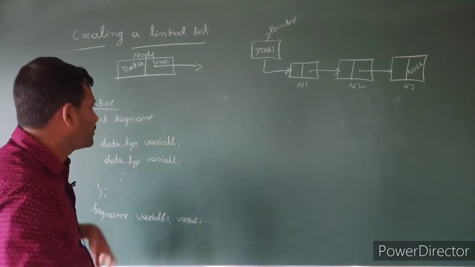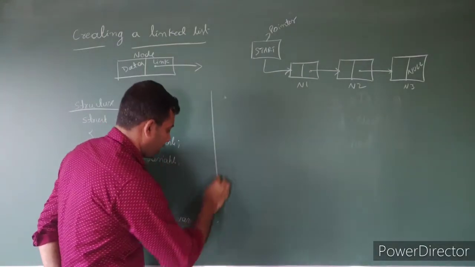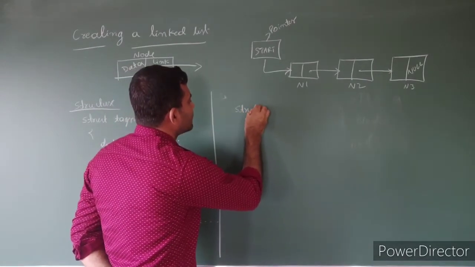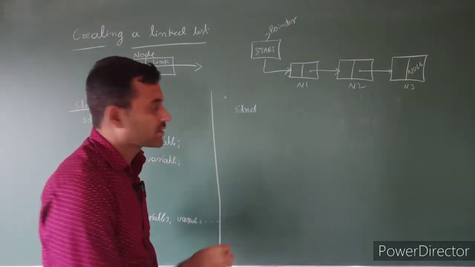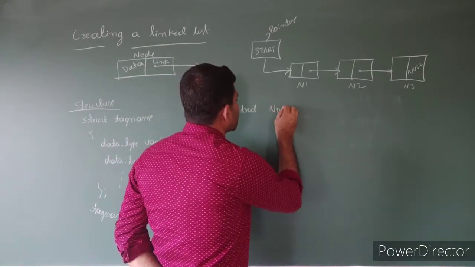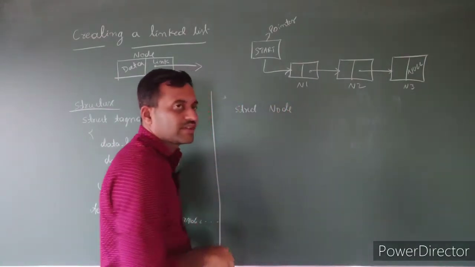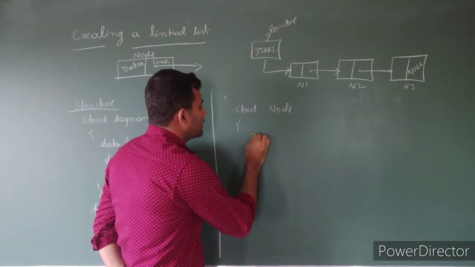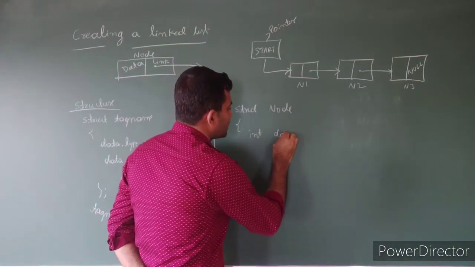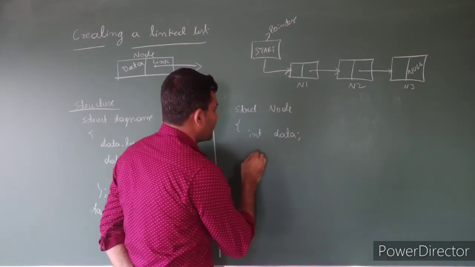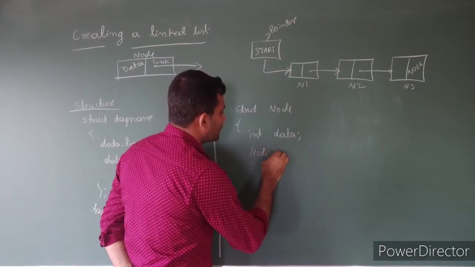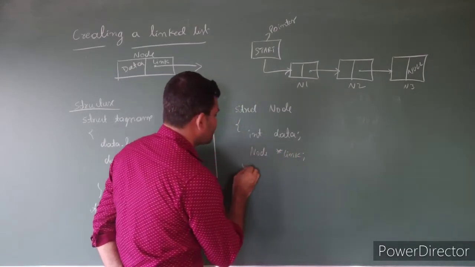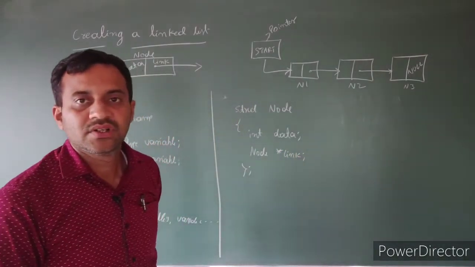To create a node, we use an example. It begins with the keyword struct, then node. Here node is the name of the structure. Under that, int data; struct node *link; then close the structure.